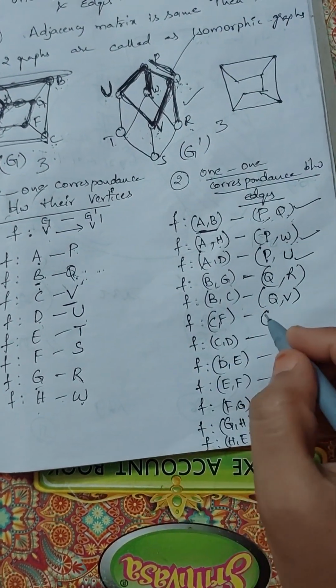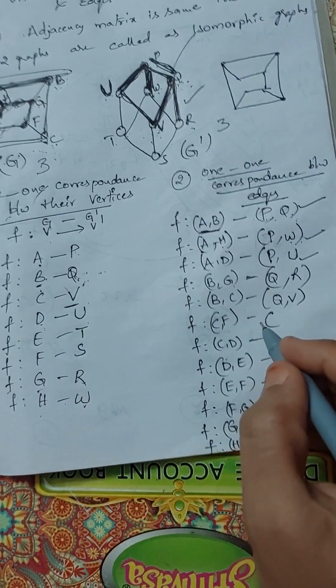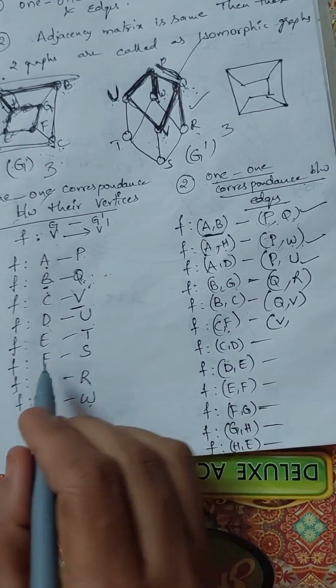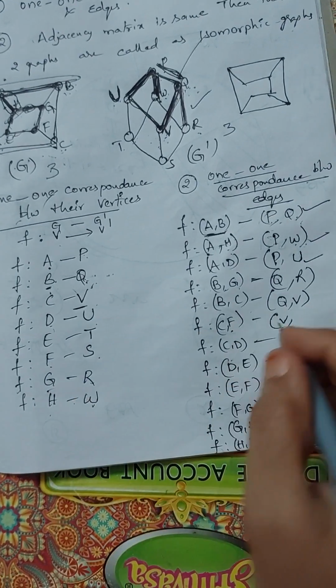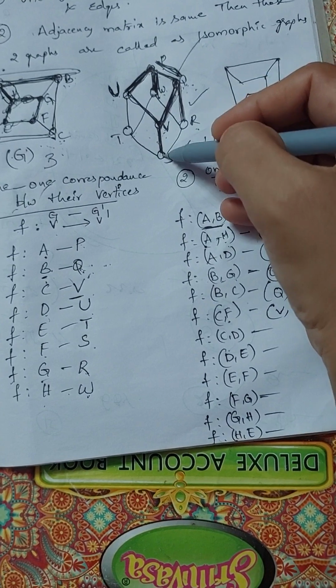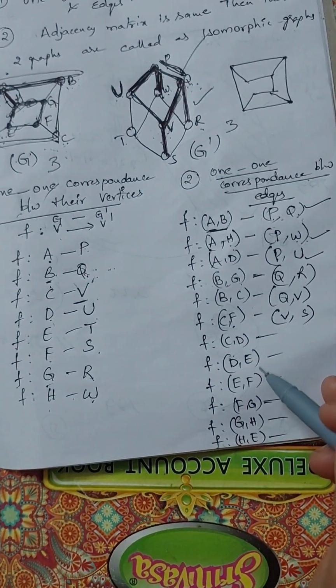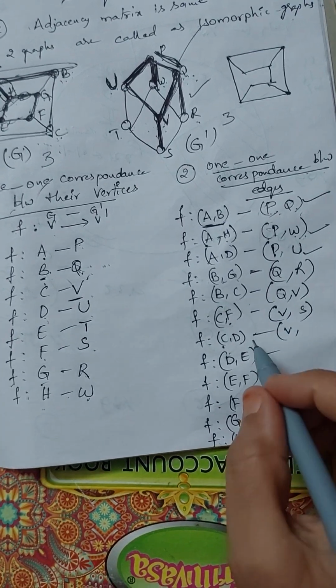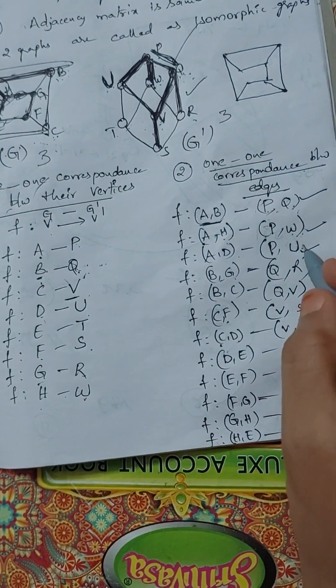So next, C is mapping with V, F is mapping with S. Wait, here it is C to D. So V comma D is mapping with U, right?